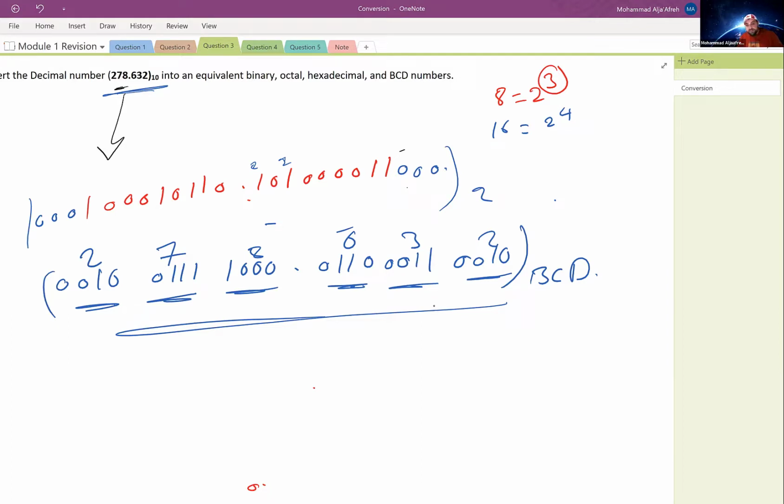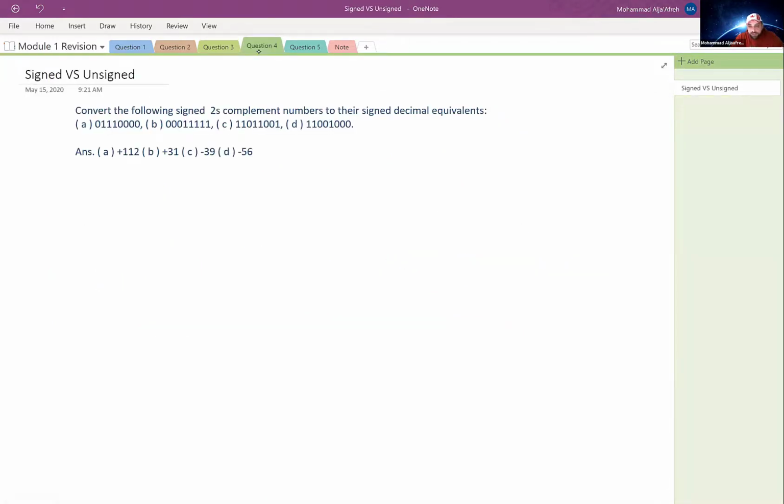Because sometimes I want to tell the computer that I'm sending you a binary representation, but at the same time it's just a decimal notation. Okay. All right. Okay, this I already gave you the solution now.